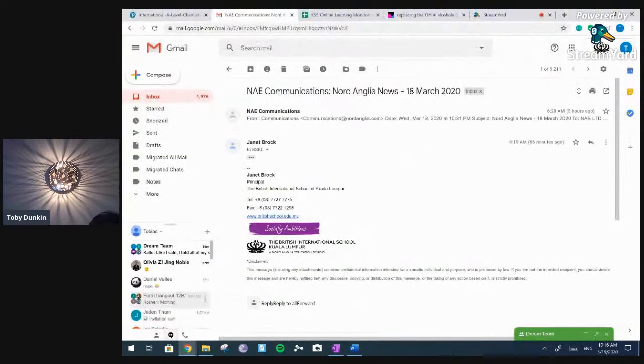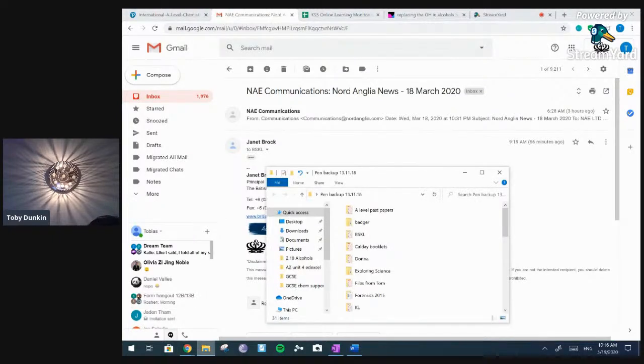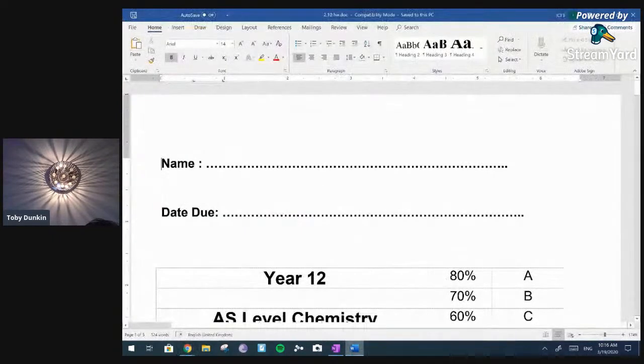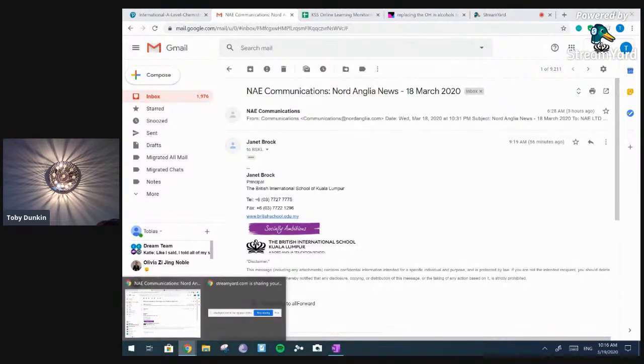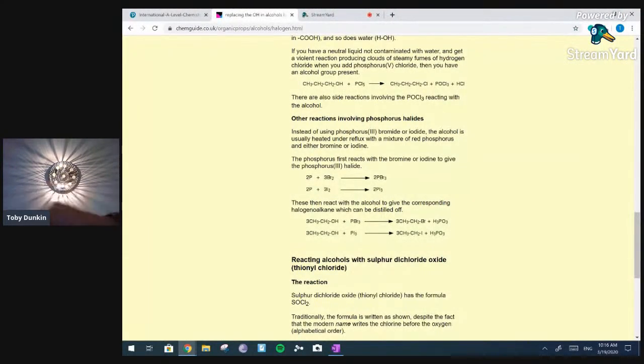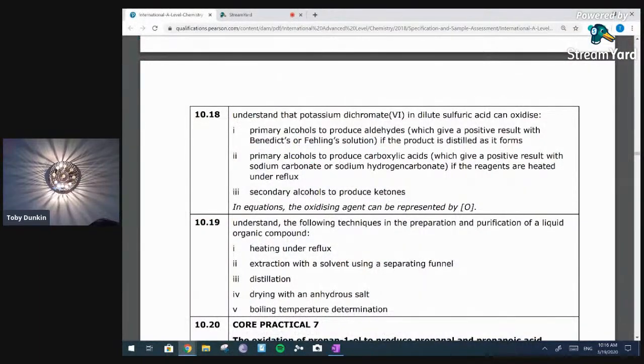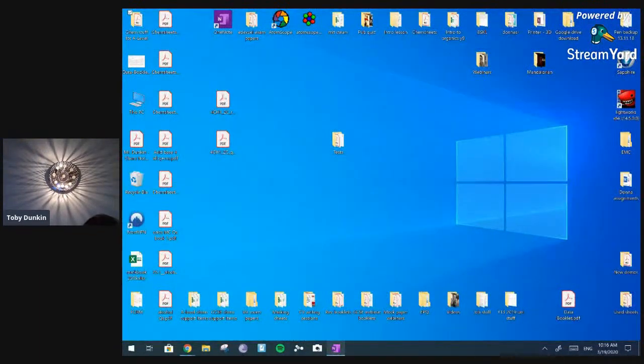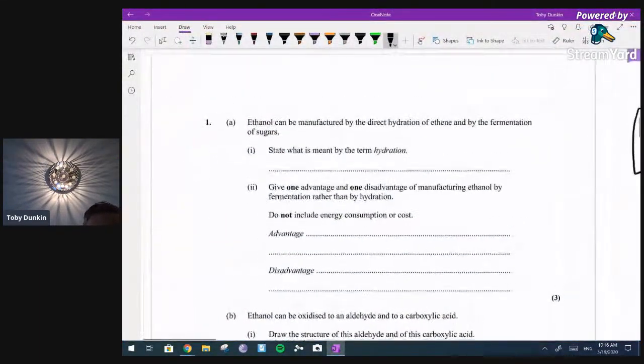Let's see if I can get rid of all of these things. Let's get rid of that one and that one and that one and that one. Okay, we'll do it like this and see if that makes any difference. There we go. So let's try that.